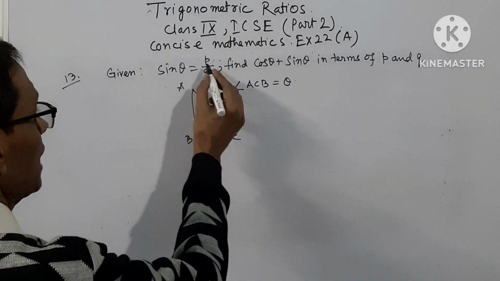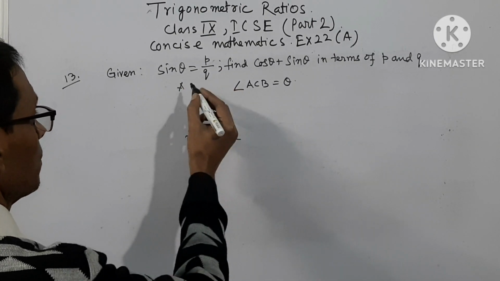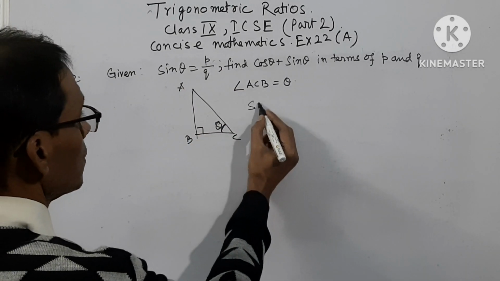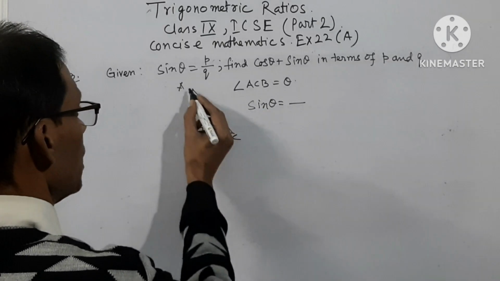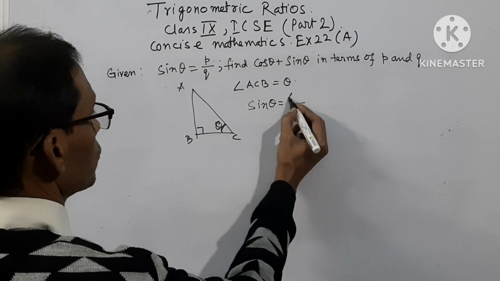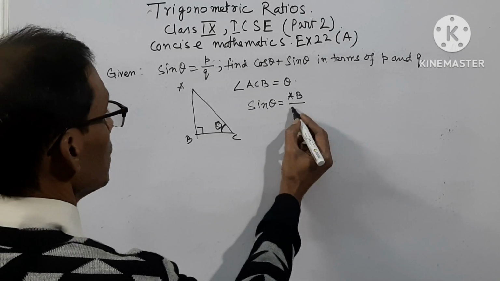And given sin theta equal to P by Q, that means sin theta, we know, equal to perpendicular upon hypotenuse, so AB by AC.